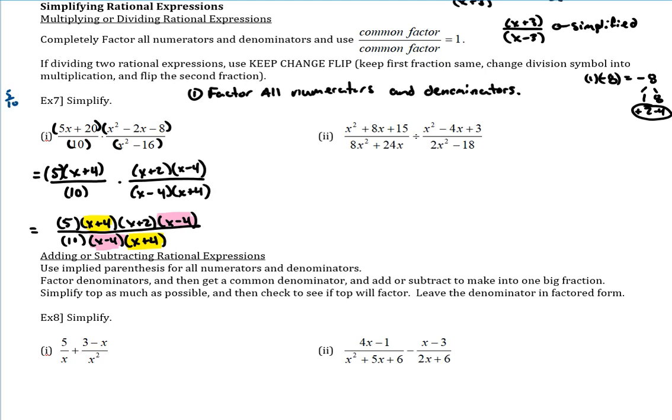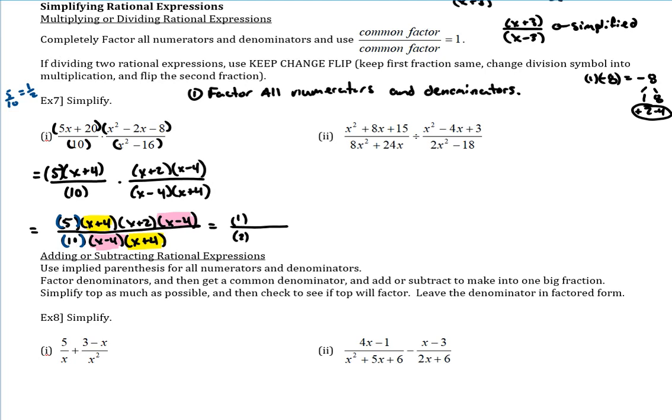And just to show a little bit of scratch work, 5 divided by 10, we know that that is 1 over 2. So those simplify just like regular old numbers. Any variable expression, we're looking for exact matches to cancel. So 5 over 10 became 1 over 2.